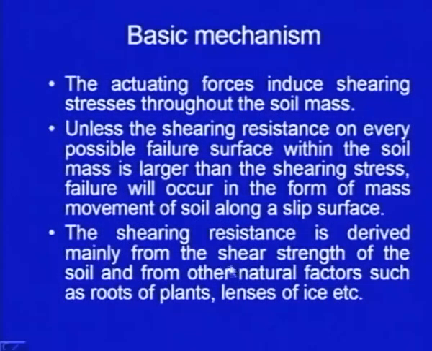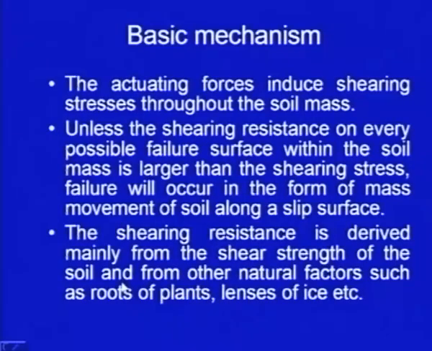On all these potential failure surfaces, if the slope is stable, that means the resistance offered by the soil in terms of shear strength is larger than the actuating shearing stresses. This shearing resistance is derived mainly from the shear strength of the soil.